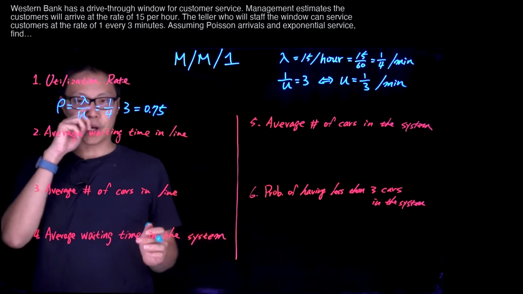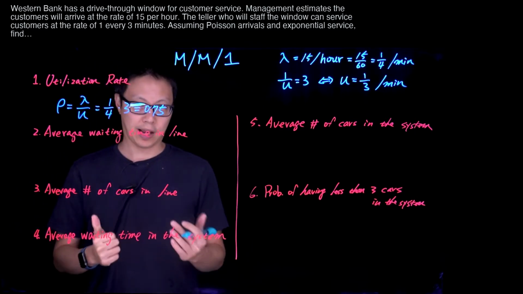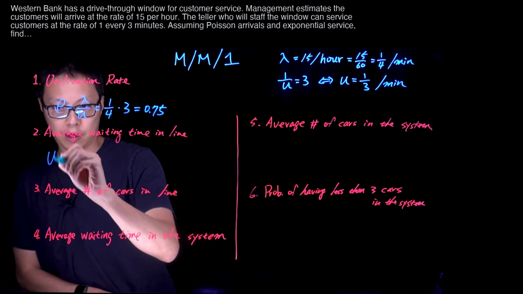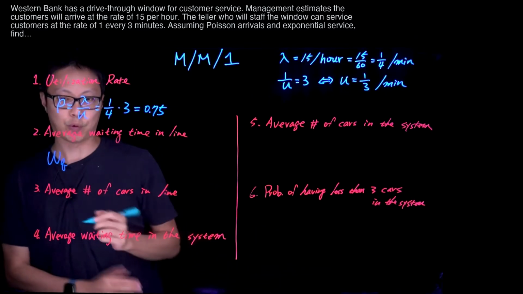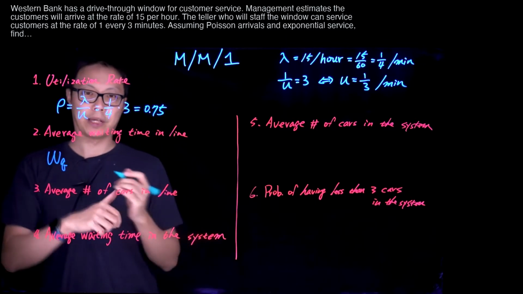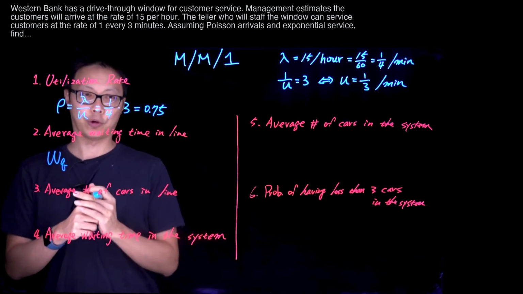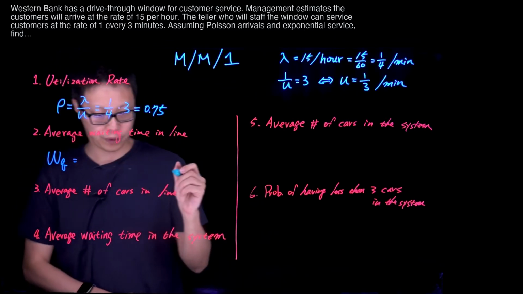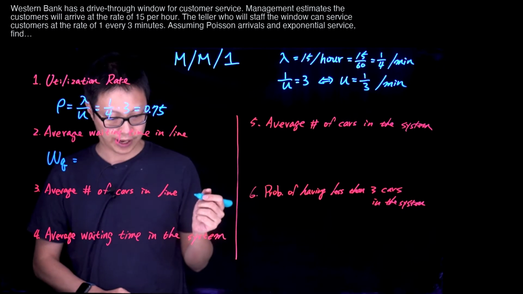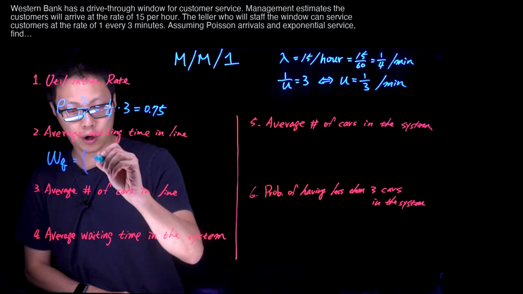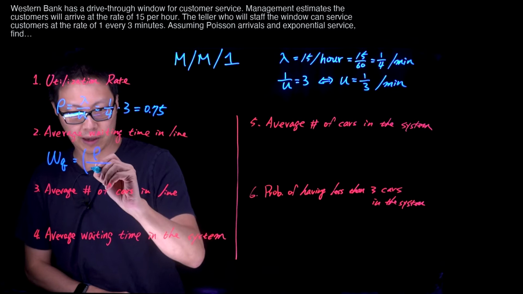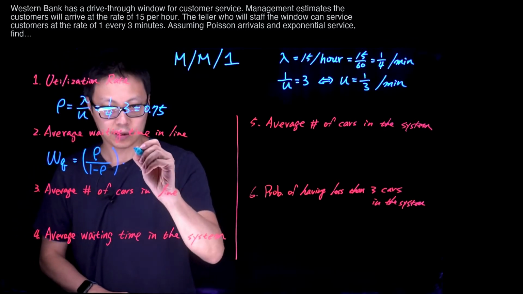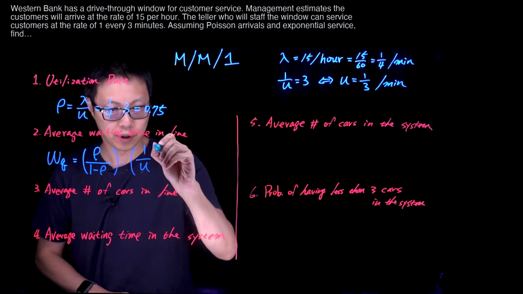The first thing we want to calculate here is the average waiting time in line. And remember the formula for that. The waiting time in line means we want to calculate WQ. Q means the queue, so WQ will be the waiting time in line. Since we have M/M/1 queue, the formula is equal to rho divided by 1 minus rho, times 1 over mu.